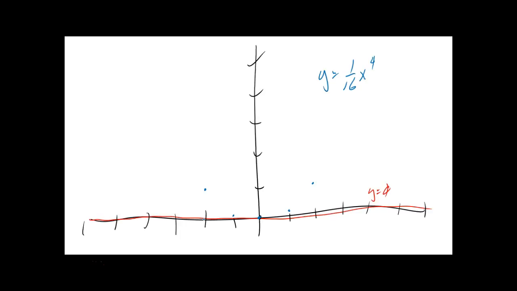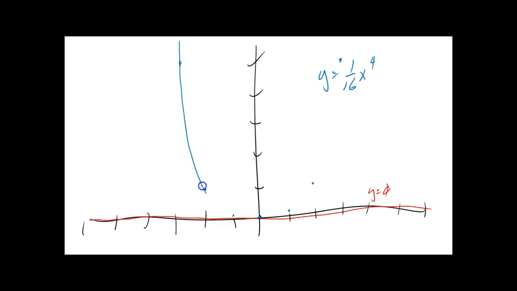Anyone got a calculator? 81 divided by 16. Something over 5, right? Wow, okay. Closer than I thought. So that would be 1, 2, 3, 4, 5. So we can just barely fit that on the screen here and here. Okay, somewhere right up in there.